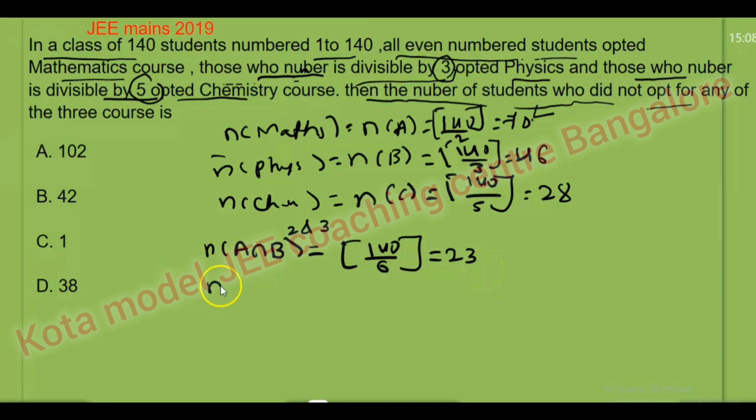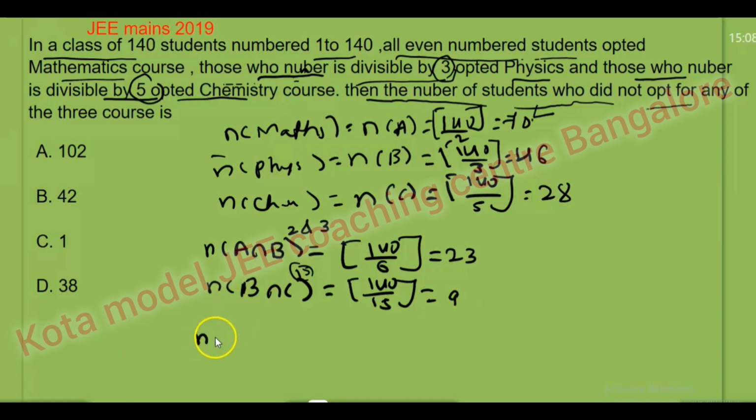Then find n of B intersection C. That means those who opted for physics and chemistry. That number must be divisible by 15. That means 140 by 15. We are getting 9 students. 9 students opted for physics and chemistry.